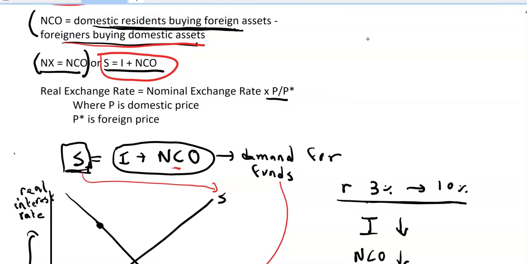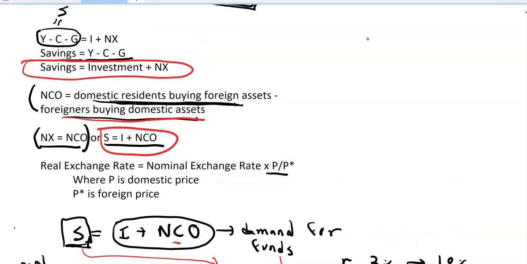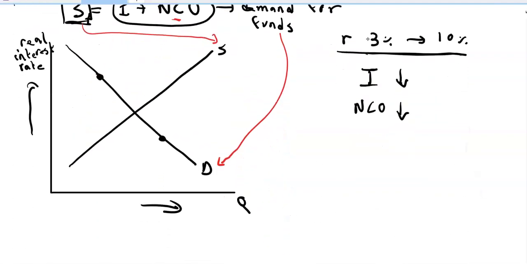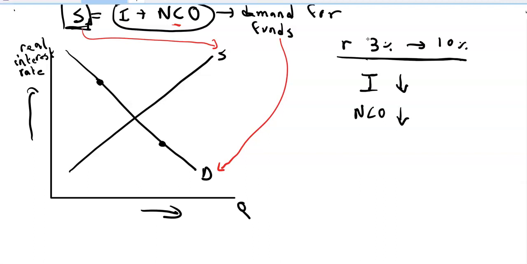And the reason is, if interest rates are higher, because the formula is domestic residents buying foreign assets minus foreigners buying domestic assets, higher interest rates mean foreigners are more willing to buy domestic assets. With a higher rate that they can get, they are willing to put more money into the US. So as a result, this becomes more negative, investment falls.